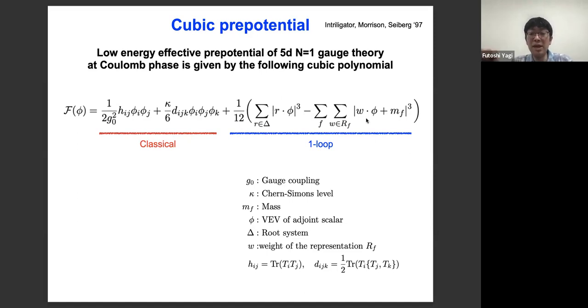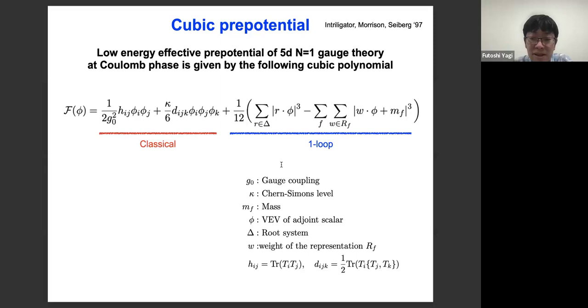It appears when we integrate out the massive matter at some fixed Coulomb phase, and when we do this integration, this one loop exact term appears.